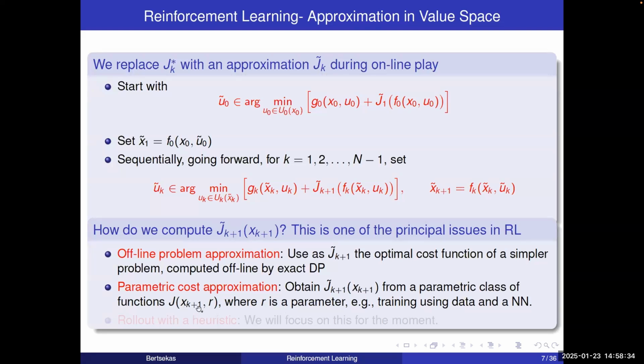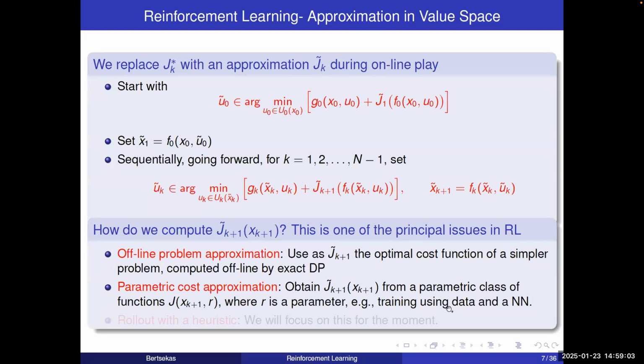So we look at a whole family of functions parameterized by R. R is some parameter that lives in a perhaps complicated space. And we use training using data. We generate data from whatever J star or something similar. And then you may use a neural network or some other approximation architecture.